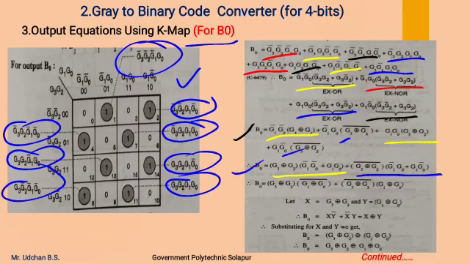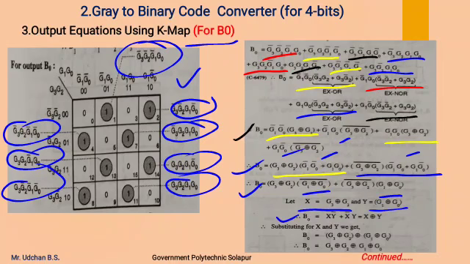After this we can put this as an XNOR gate expression and this as an XOR gate expression. Now from this equation we put G3 XOR G2 as X and G1 XOR G0 as Y.